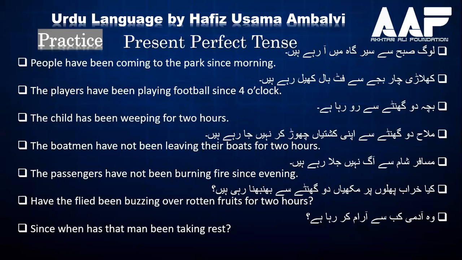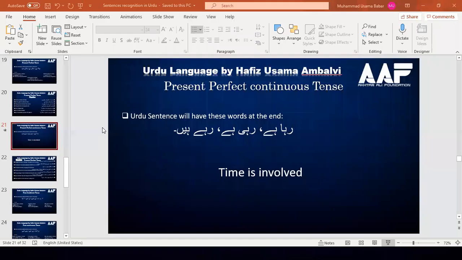Let's begin with some practice questions. The first question we have: people have been coming to the park since morning. As I already told you, in Urdu you first write the subject, then the object, and after that the verb, and at the end we have to write the influence of the sentence.